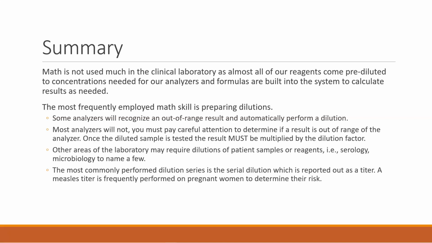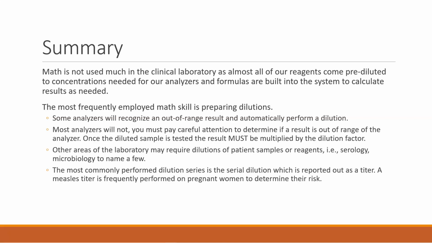Some analyzers will recognize an out-of-range result and automatically perform the dilution and the calculation to give you the correct result. Most analyzers will not, and you must pay careful attention to determine if a result is out of range of the analyzer. And once the diluted sample is tested, the results must be multiplied by the dilution factor.